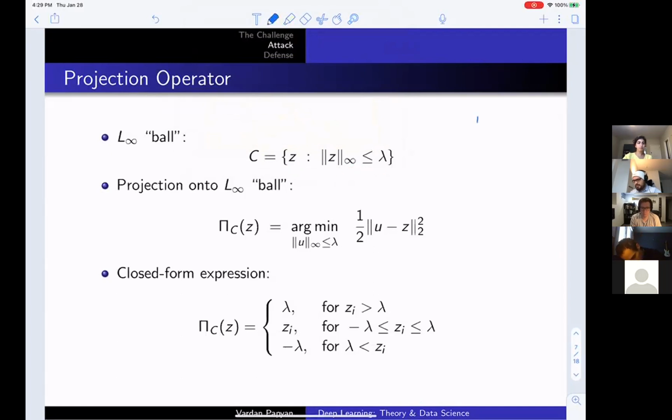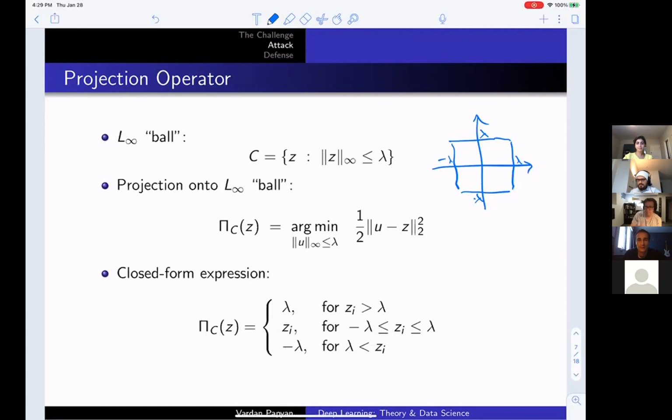So pictorially, in 2 dimensions, I'm sorry for the crookedness, the L infinity ball is actually not a ball, but a box. Why do we call it a ball? Just to confuse people. So this is the L infinity ball, where this is lambda, lambda, minus lambda, minus lambda. Does everyone know L_p balls, the L infinity ball? Common knowledge, not common knowledge?